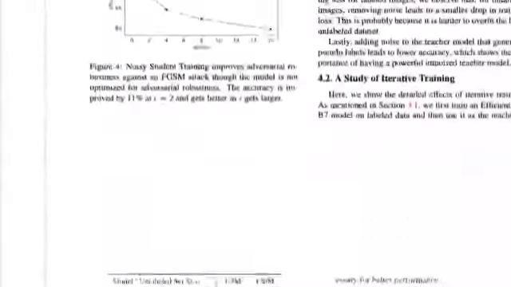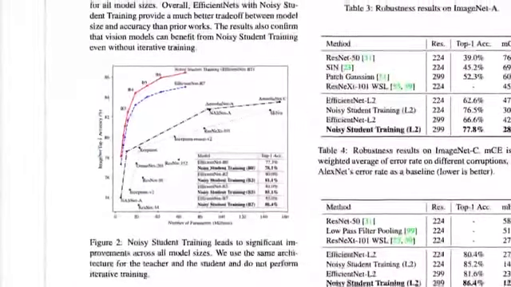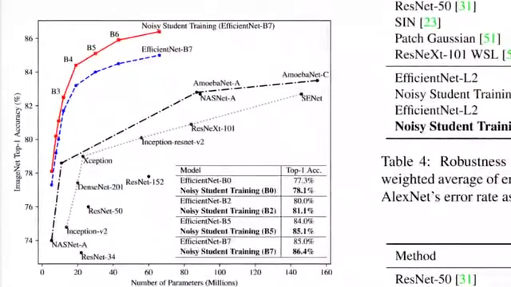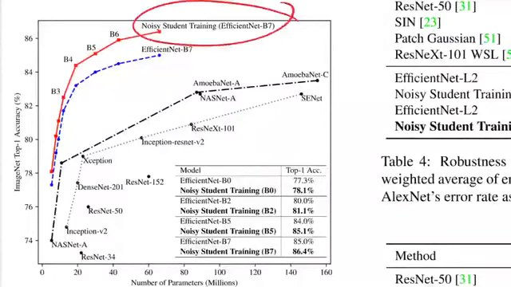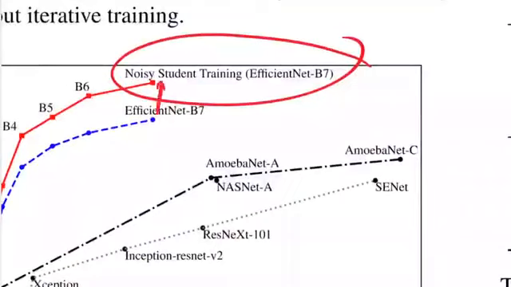All right, so they do a bunch of other experiments. Their main comparison is right here, where they say, look, even if we train the same model with this noisy student training, we can make pretty large gains over the same model where we do not train it with this noisy student training.